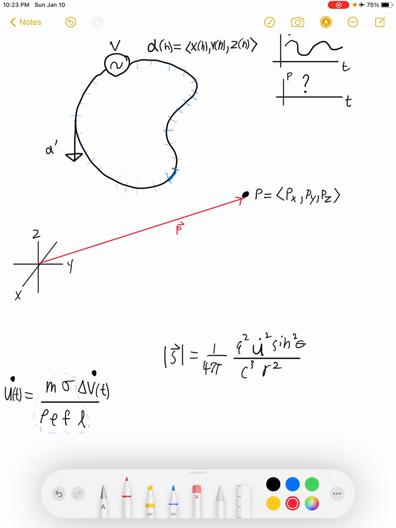To be clear, the subscripts x, y, and z are just the x, y, and z components and not partial derivatives with respect to those variables. Now, the distance between our section that we are concerned with and our point P, we can label as R1.